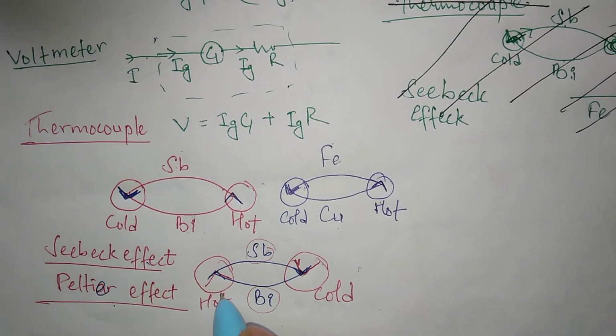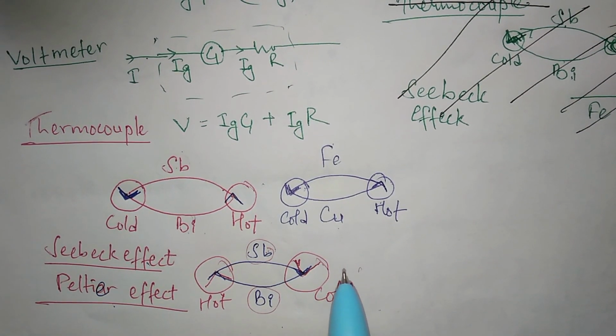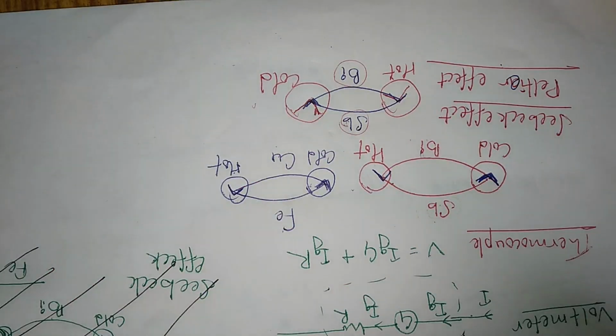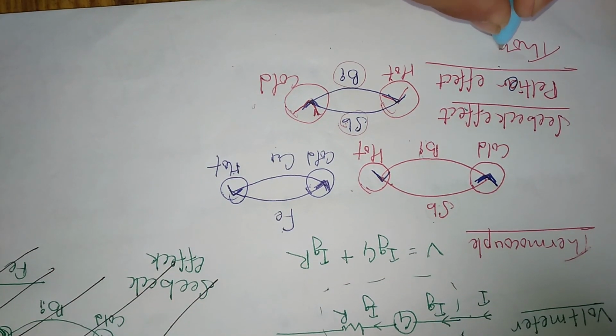So cold and hot junctions are developed, which is the Peltier effect. And the other one is the Thomson effect.